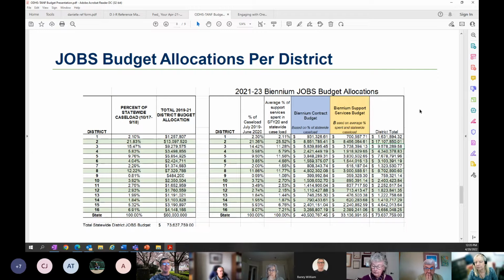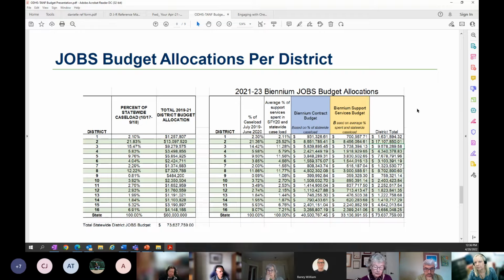Based on that projected budget, we break it down based on caseload and some history of support service spending, to decide how we're going to allocate out to the 16 districts for their job services contracts and an allocation for support service spending in each of their districts. As you can see, this is where we came out.